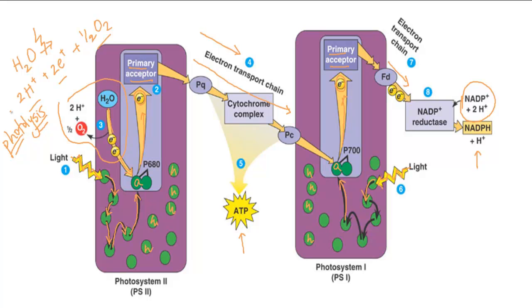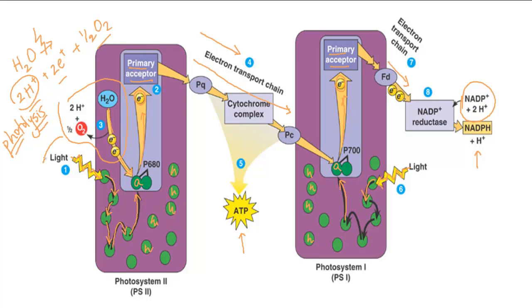The protons in water are used in the proton gradient. And after the protons flow back through ATP synthase, they can then again be used to create NADPH, so protons have a double use.